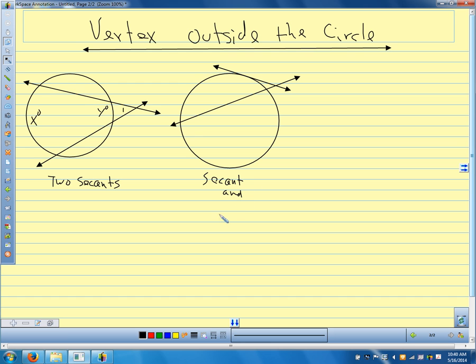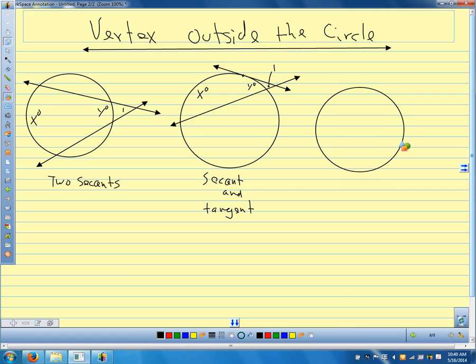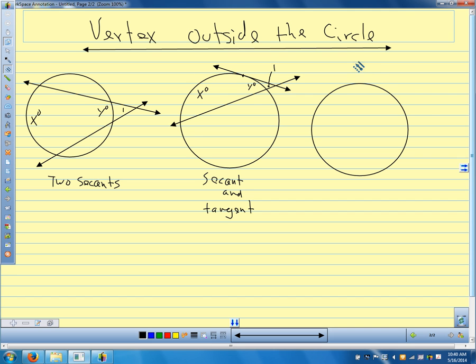This is a tangent line here, and this is going to be x degrees, y degrees, and angle 1 is this little angle inside here. Or we could have two tangents. Here's my third situation, and this is going to be x degrees, y degrees, and angle 1 right there.